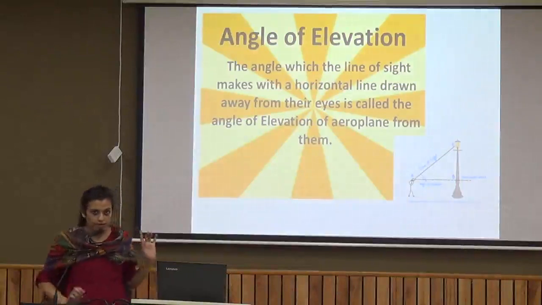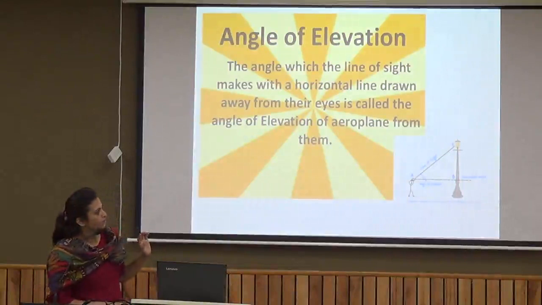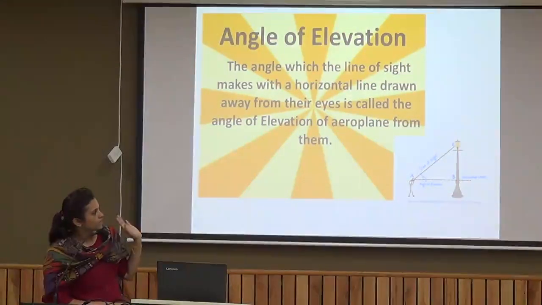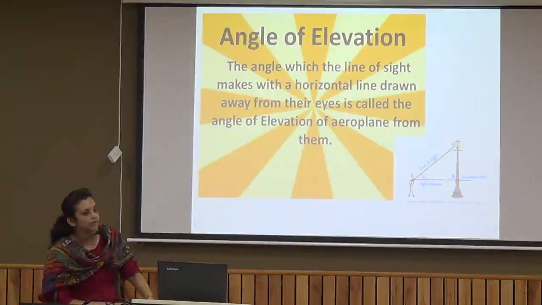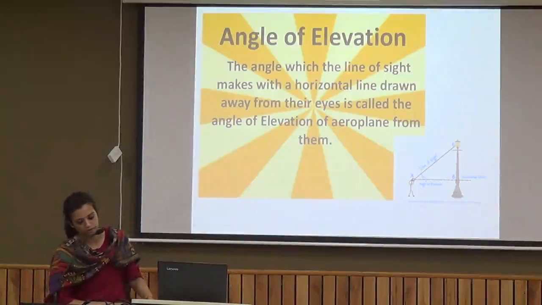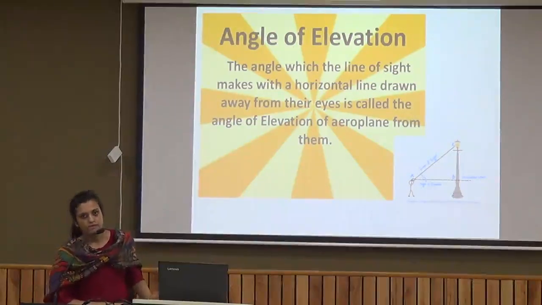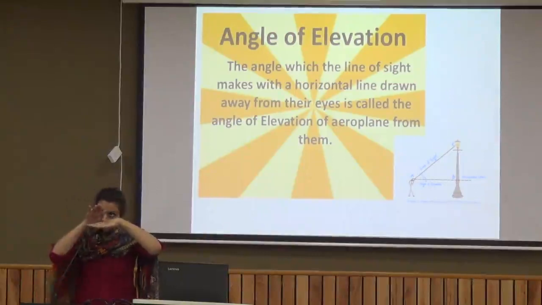Before this, let's look at the picture on the extreme right. Can you see that this person is trying to throw something towards this electric tower or electric pole? Can you see the line of sight, that is AC? There is the level of eyes and the line of sight, the line joining my eyes to the object.